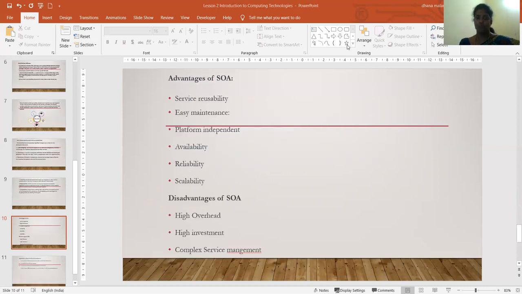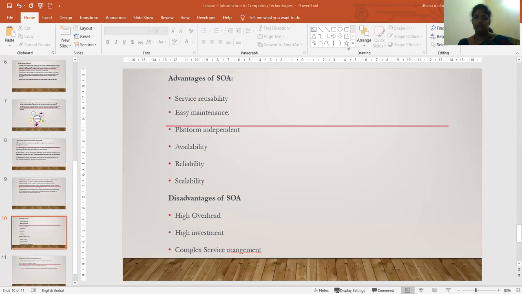Advantages of SOA. Service reusability. In SOA, applications are made from existing services. These services can be reused to make many applications. Easy maintenance. As services are independent of each other, they can be updated and modified easily without affecting other services.